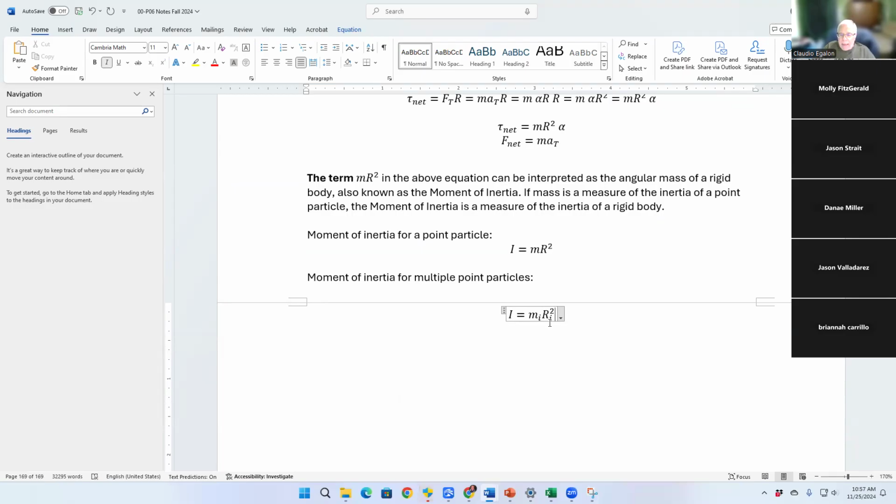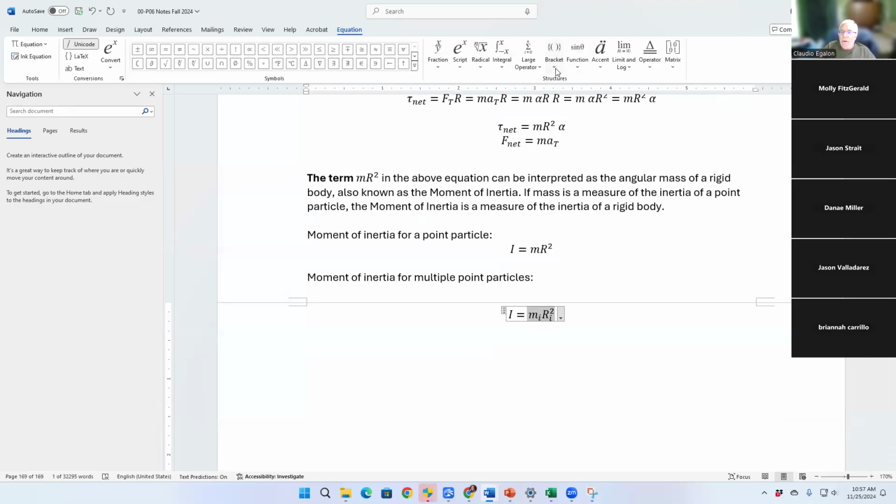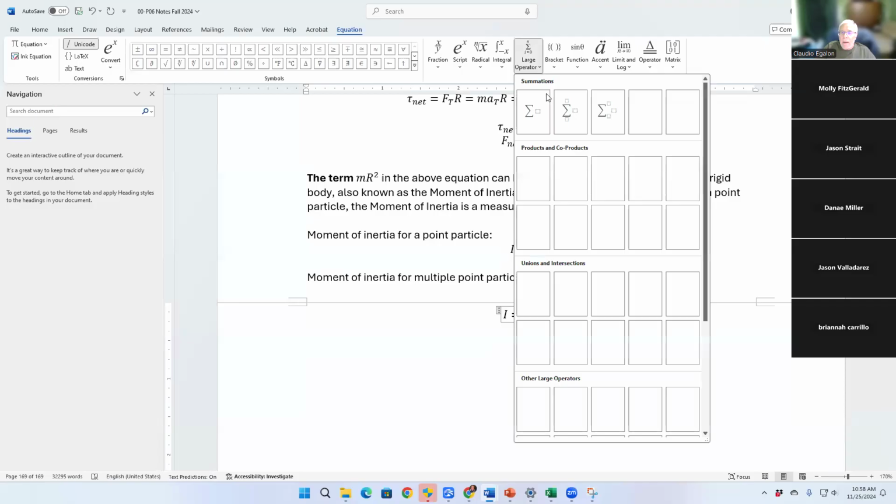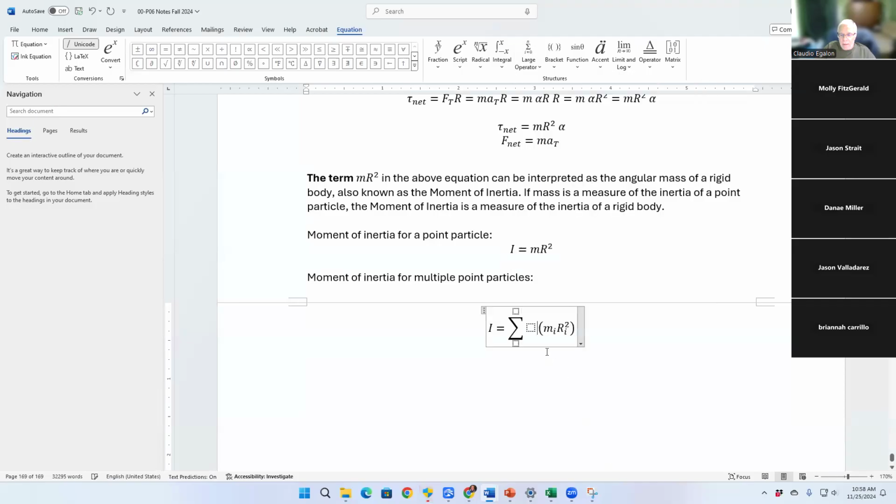Like that. And now, remember I said it has to be a summation, right? So I gotta put the summation right in here. Let's say I don't need the parentheses. Suppose that we have n point particles. We sum from particle 1 to particle n. Okay.